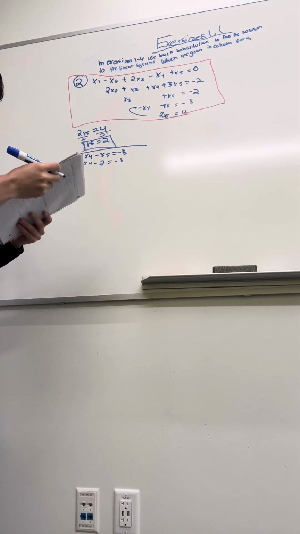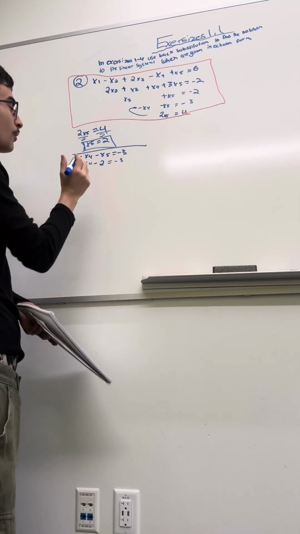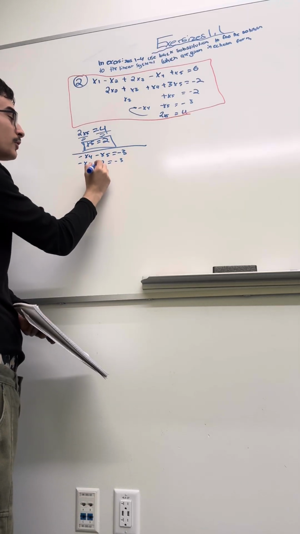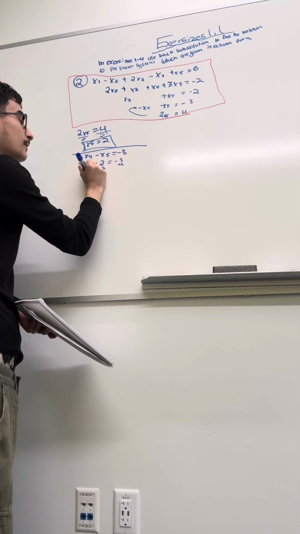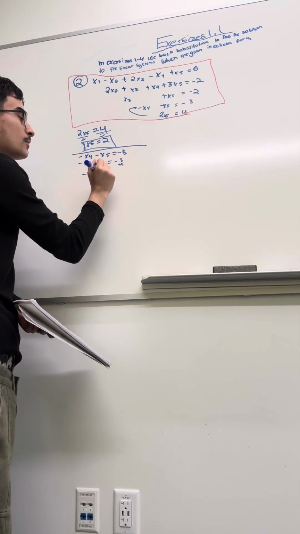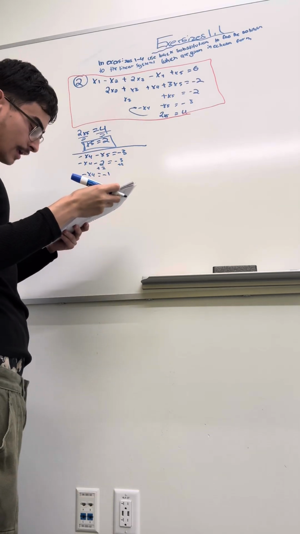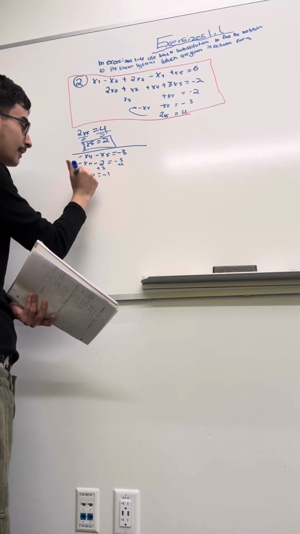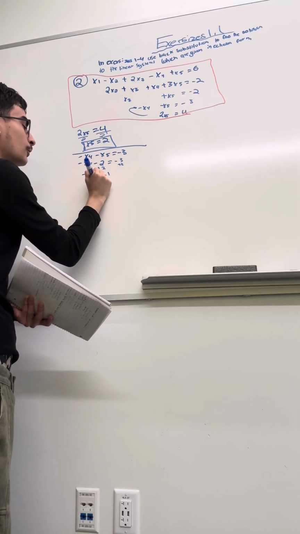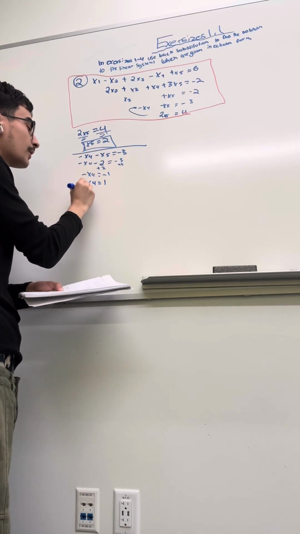Now we're going to solve for x4, since that's the unknown we have. First, we add 2 on both sides to cancel out the 2, and we're left with negative x4 equals negative 1. Now to cancel out that negative in front, divide both sides by negative 1, and we get that x4 equals 1, which is another part of our solution.